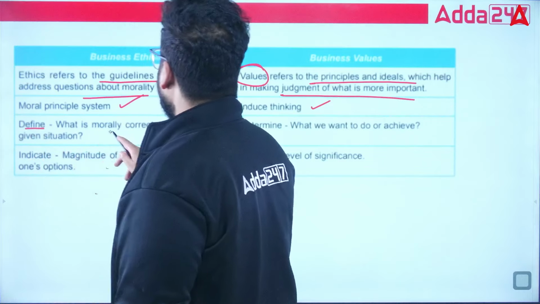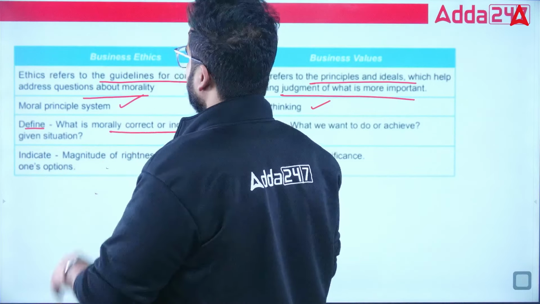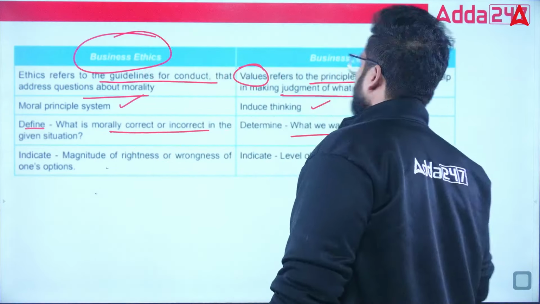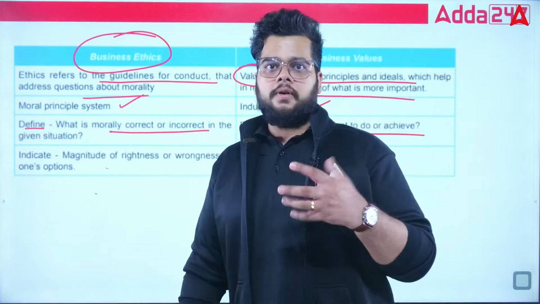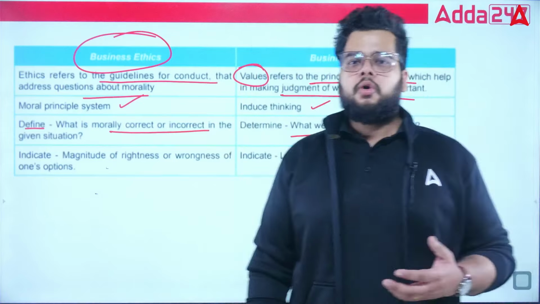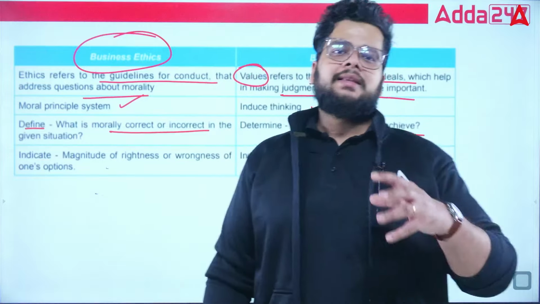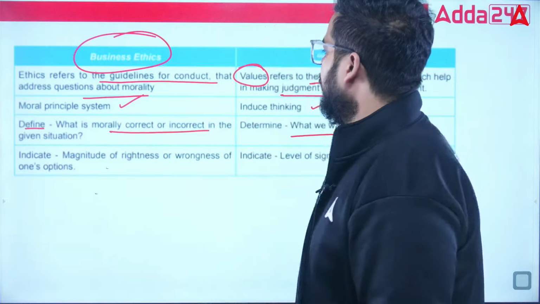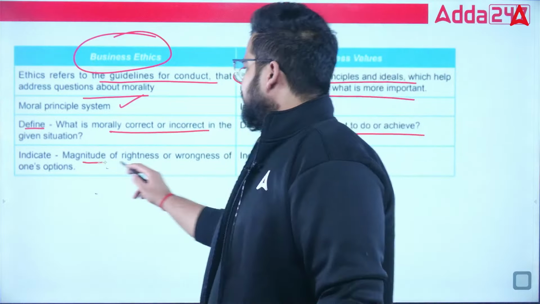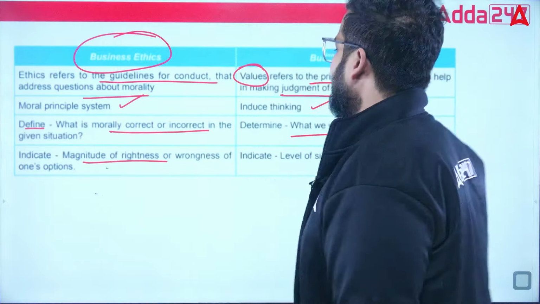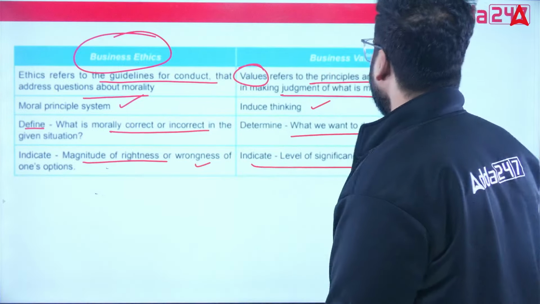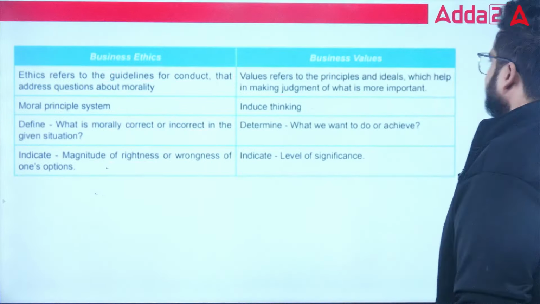Definition: what is morally correct or incorrect in a given situation is your business ethics. But values, what we want to do or achieve, that is the core value. Always remember, whenever we talk about a company or a business, we say that these are our core values. Nobody says these are the core ethics, right? So business ethics indicates the magnitude of rightness or wrongness of one's options, and business values indicate the level of significance.